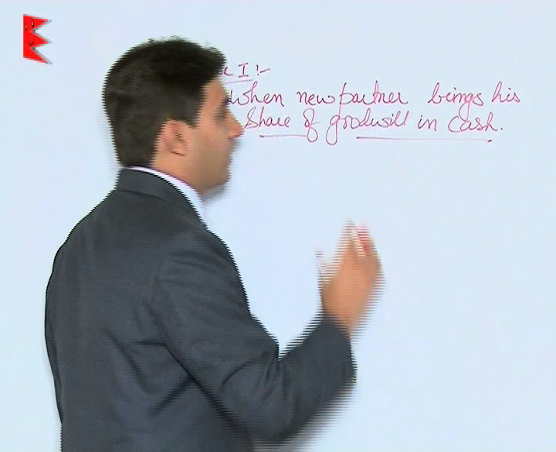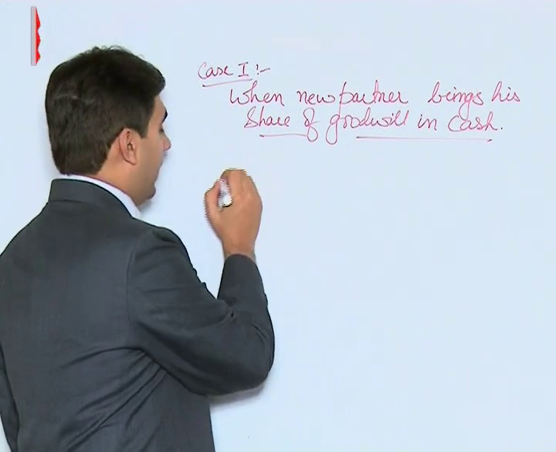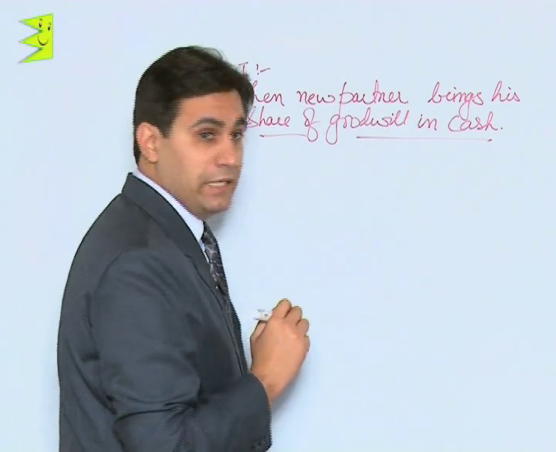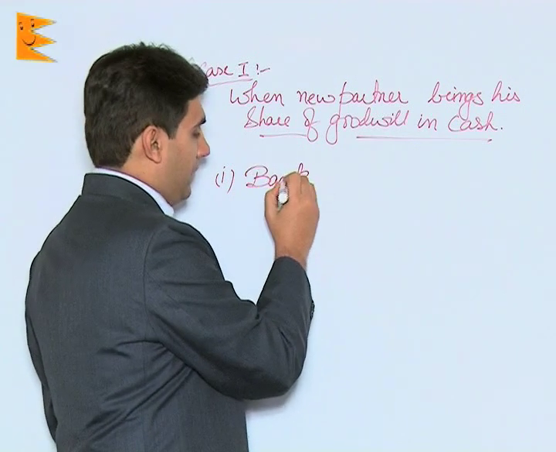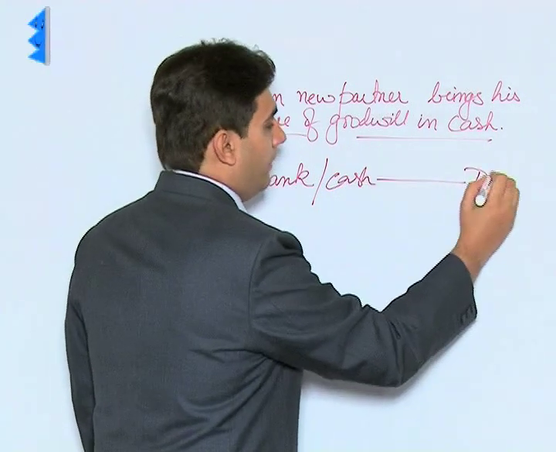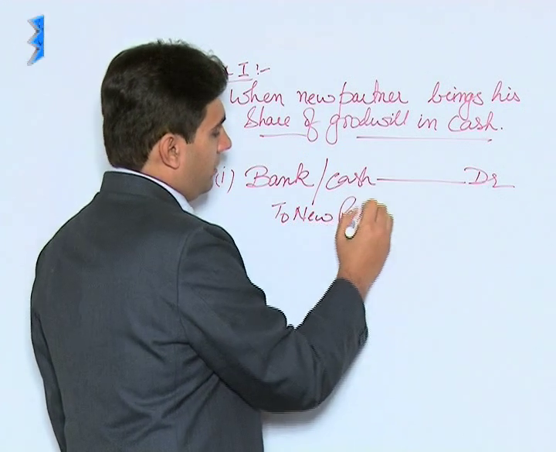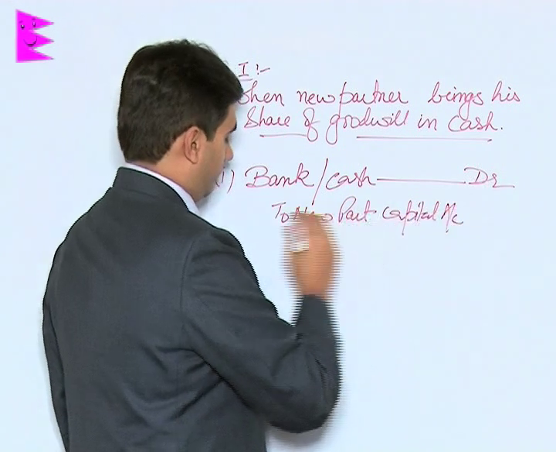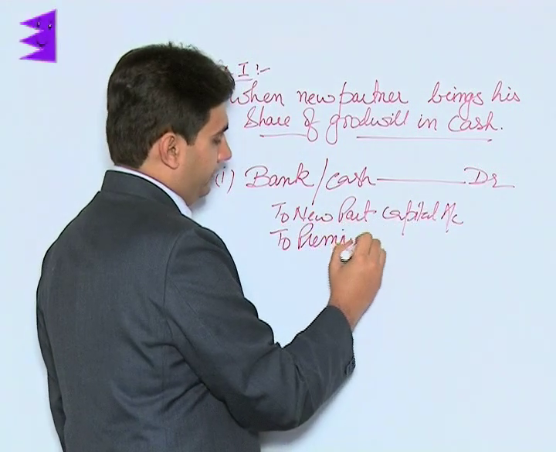So now students, when the new partner brings his goodwill in cash, remember again we are required to make journal entries here. Since the new partner is bringing in cash for goodwill, the entry would be bank, in case he is paying through cheque, or cash, debited to new partner's capital account and to premium.